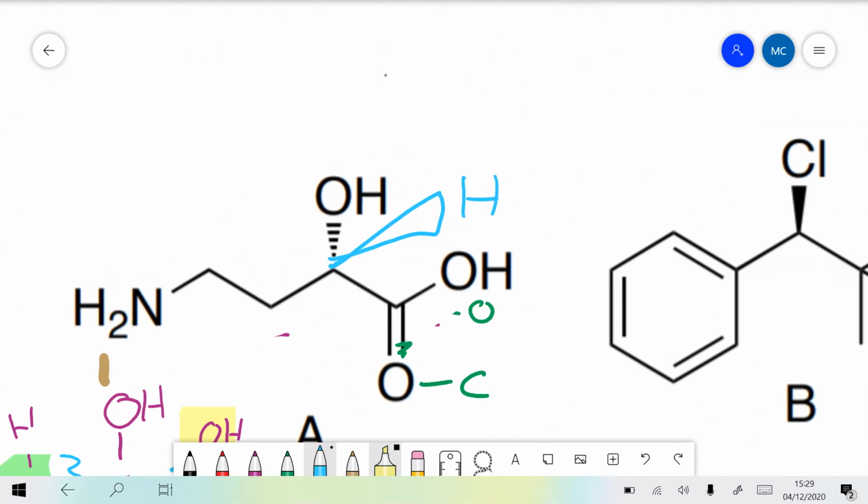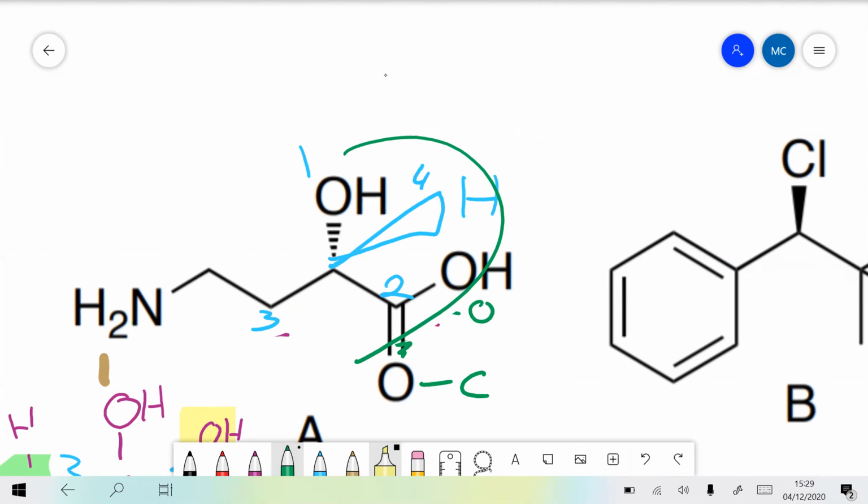Priority are 1, 2, 3, 4. Now, is the hydrogen at the back? It's at the front. Therefore, we can't just say 1, 2, 3 are clockwise, okay? And therefore, they're done.